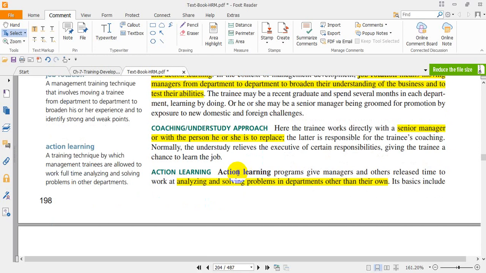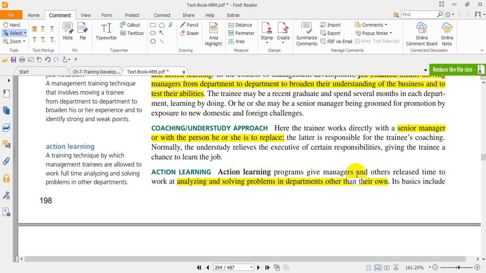The third technique is action learning, a training technique by which management trainees are allowed to work full-time analyzing and solving problems in other departments.